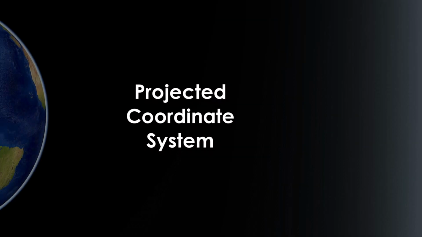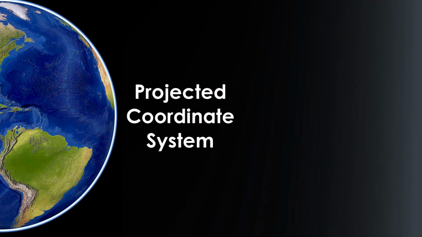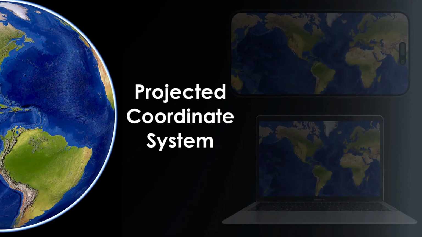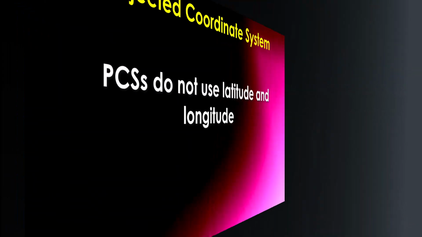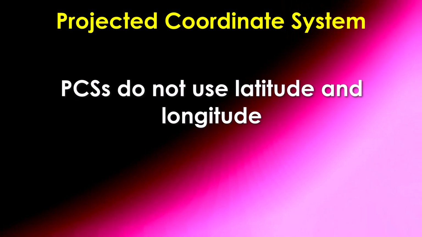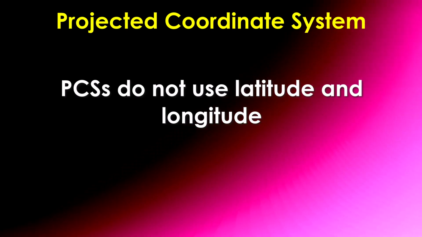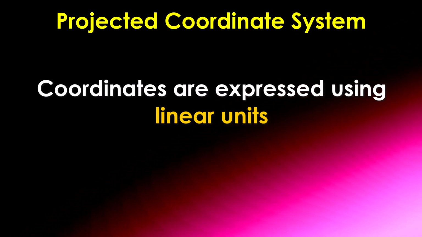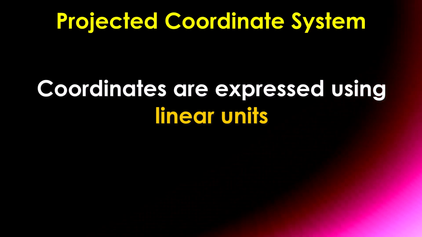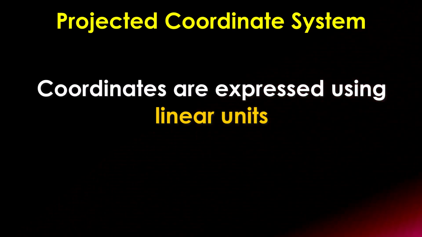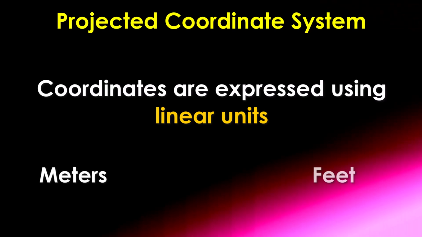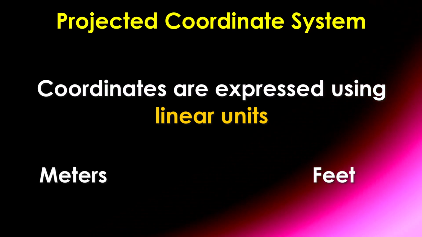A projected coordinate system is a way of representing Earth's curved surface on a flat, two-dimensional plane, like a piece of paper or a computer screen. Instead of expressing locations using degrees of latitude and longitude, a projected coordinate system expresses locations using linear units, typically meters or feet, measured along a flat grid.